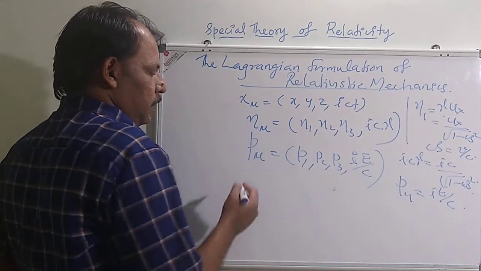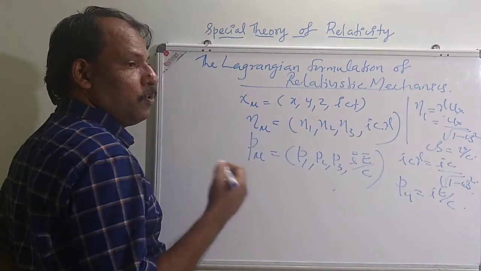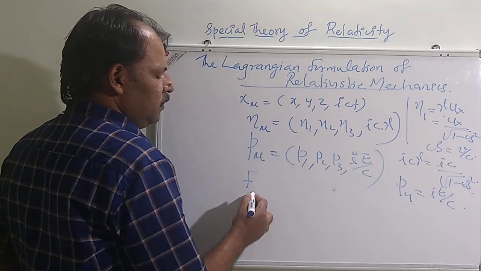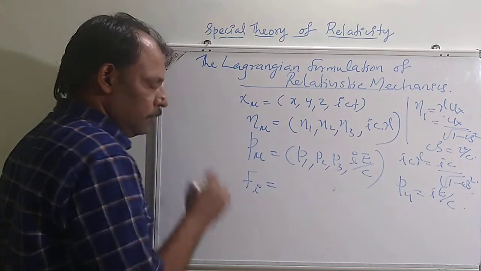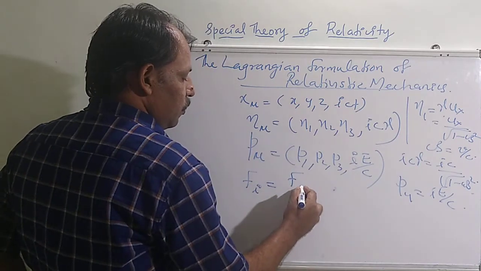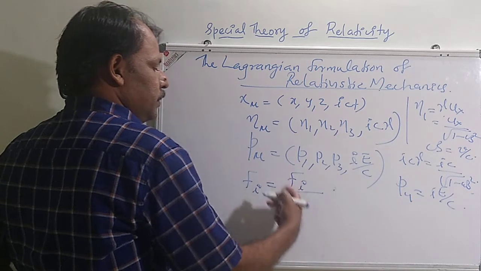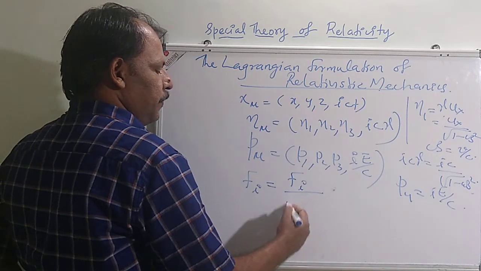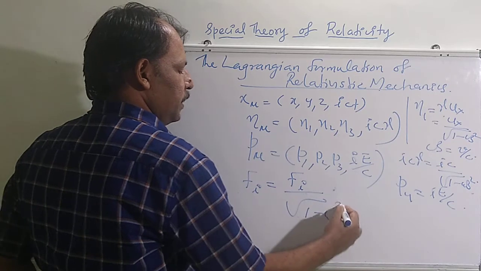Also we represent the force in four vector form, the four force. The three components of force are given by Fi, the force in the Cartesian coordinate system, divided by root of 1 minus beta square.